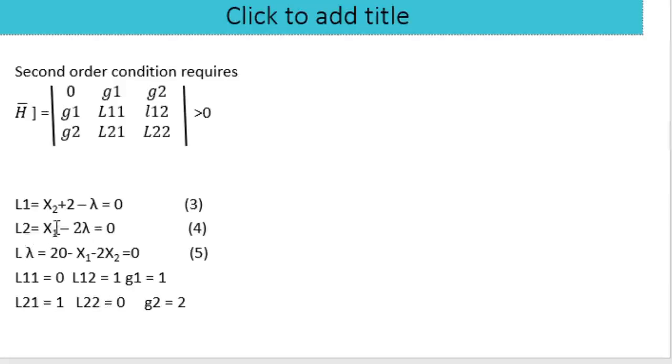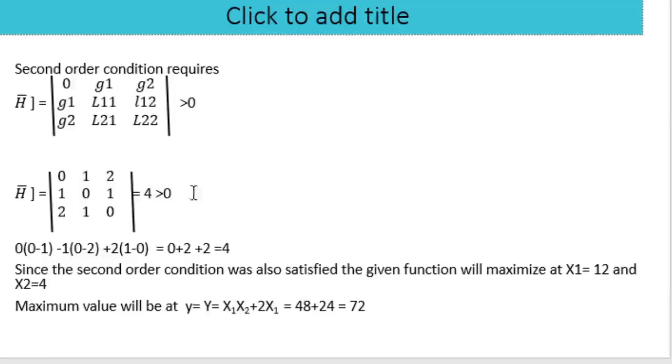Here the coefficient of x1 is 1, therefore L21 equal to 1, and there is no x2, therefore L22 equal to 0, and the coefficient of this lambda equal to 2. Everything is the absolute value. The signs are not considered here. Therefore we can construct the matrix as 0, 1, 2, 1, 0, 1, 2, 1, 0.